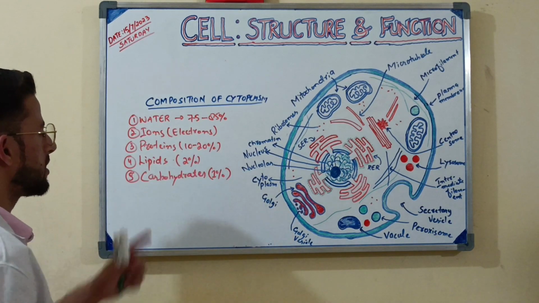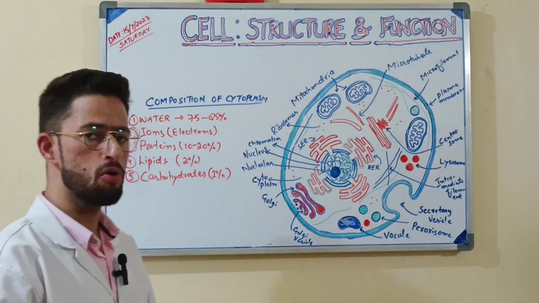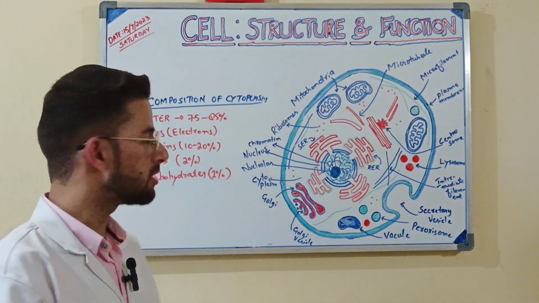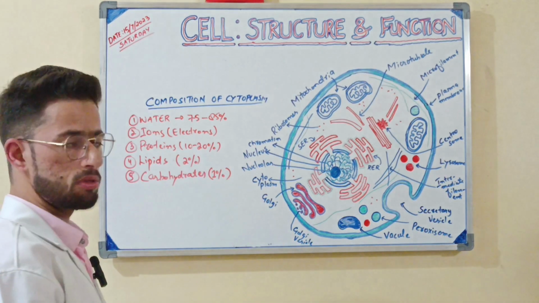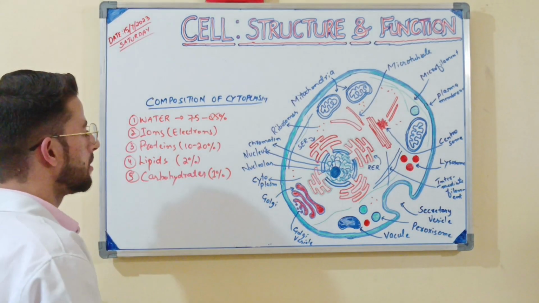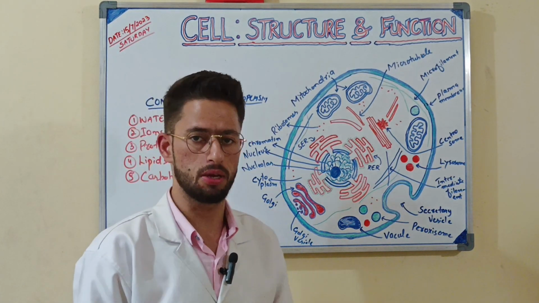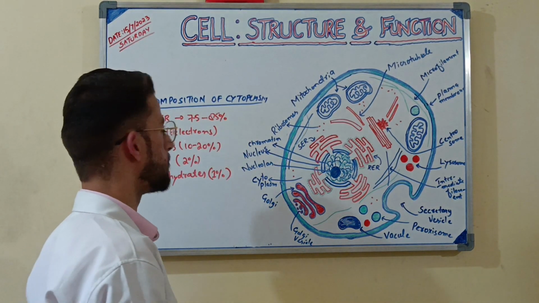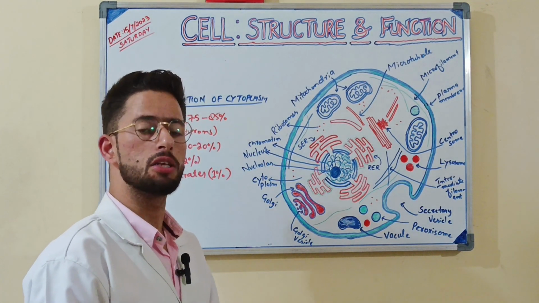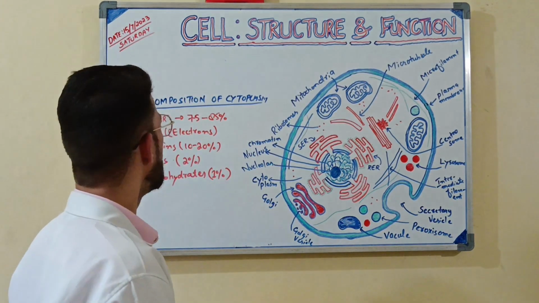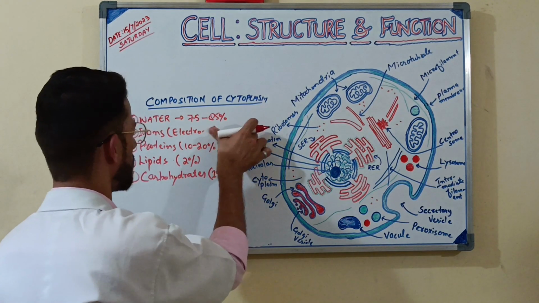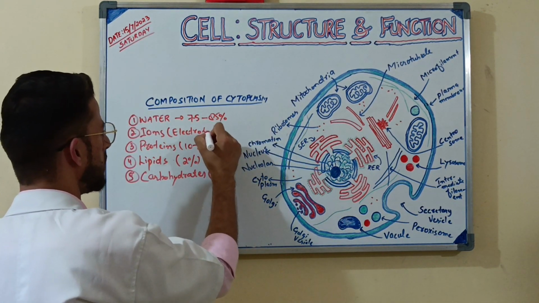So water makes up 75 to 85% of the total cell mass. Ions are the electrolytes, mainly magnesium, sodium, sulfates, bicarbonates, and calcium. Sorry, not electrons, electrolytes.